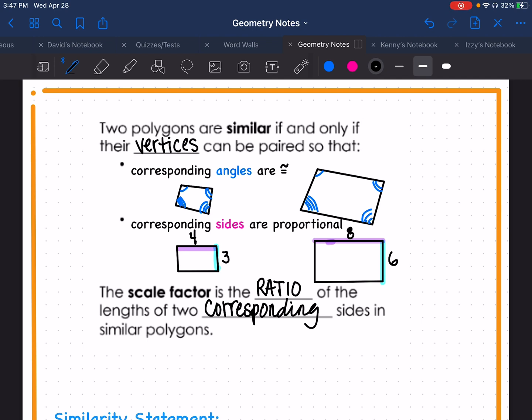Up above, it would be my purple one. Let's say it is 8 over 4, which reduces to 2, and then 6 over 3, which reduces to 2.